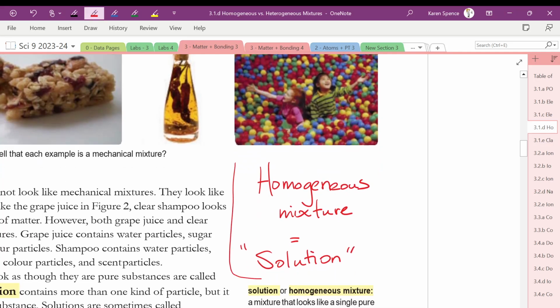And most of the time when we think about a solution, we think about like dissolving something in water maybe. But you can actually dissolve silver into gold. Yeah, if you melt the two, you will make a solution of silver in gold, and then when you let it solidify, it is still a solution because it's a homogeneous mixture.